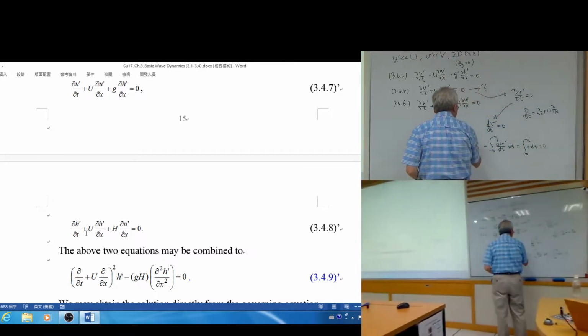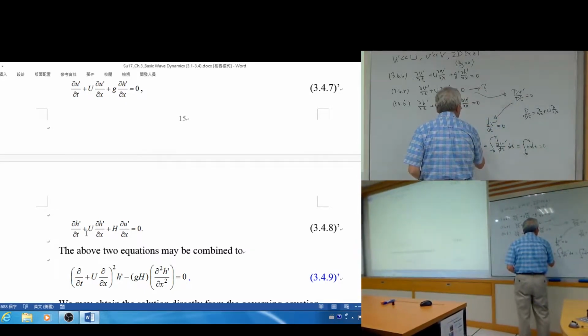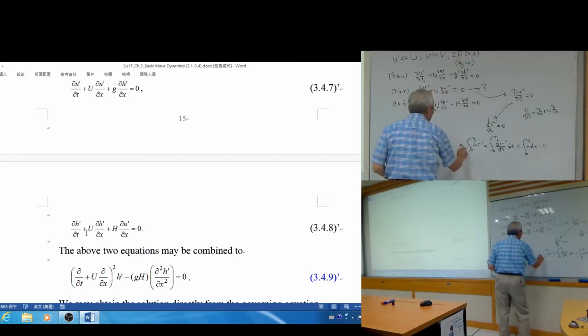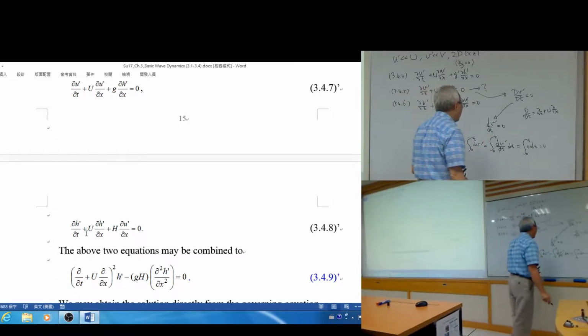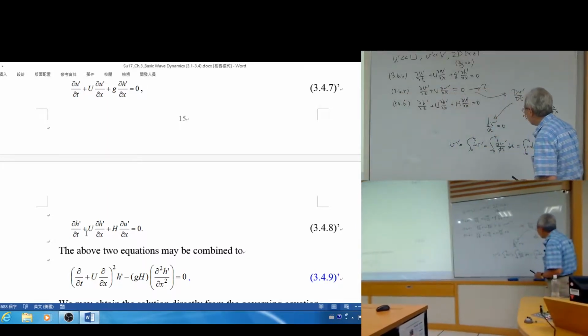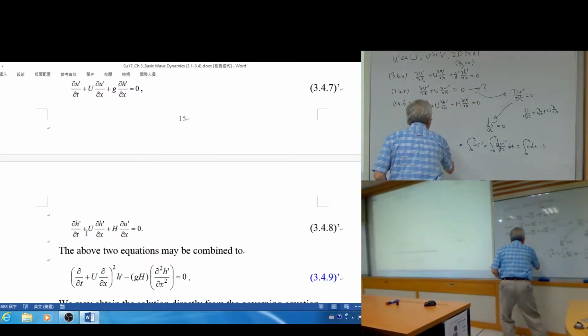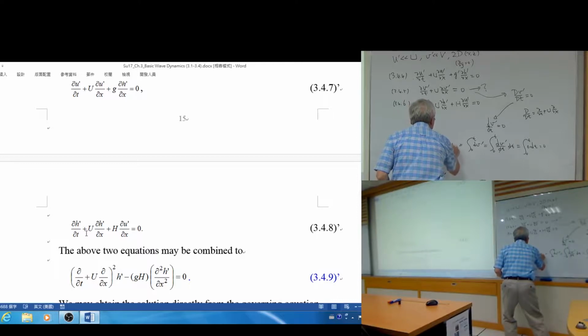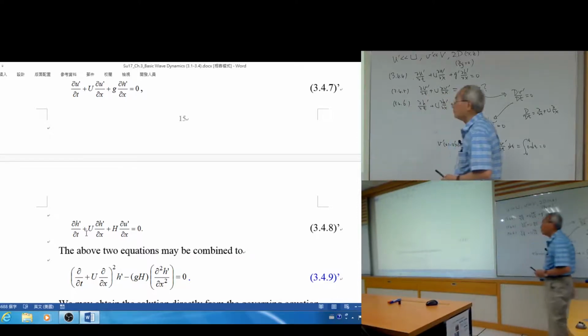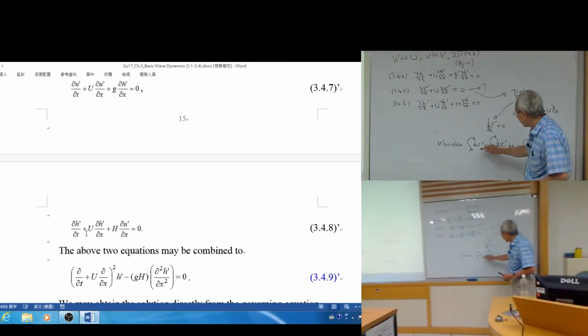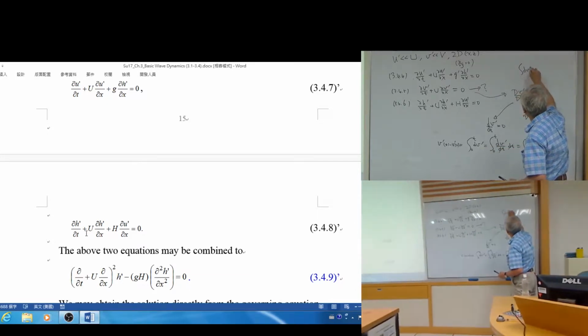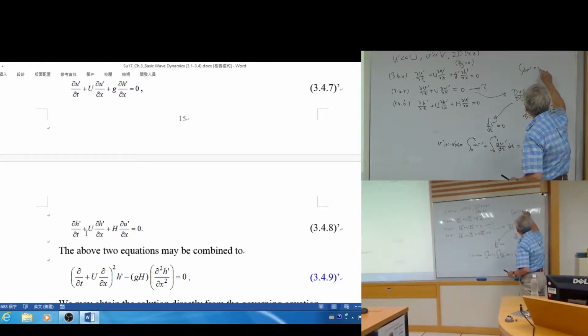So this becomes t and dv prime, and this becomes v prime. Sorry, this becomes v prime at t minus v prime at 0, because the v prime equals v prime.